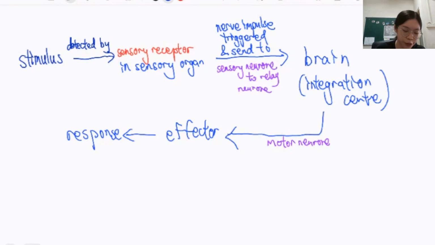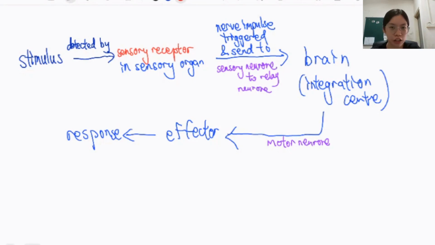I'm writing a general form, so maybe you can say light or a sharp pin prick. This stimulus, maybe something painful you feel or something you see, will be detected by a sensory receptor in a sensory organ.